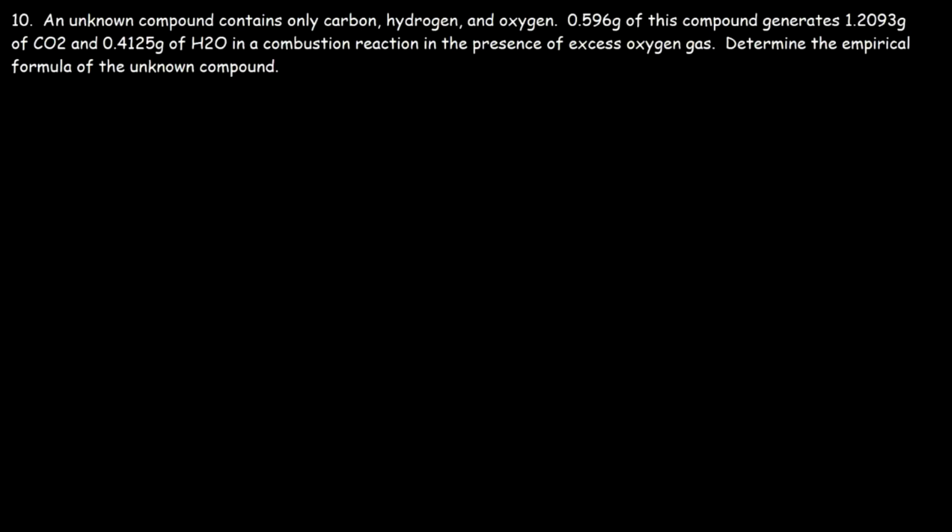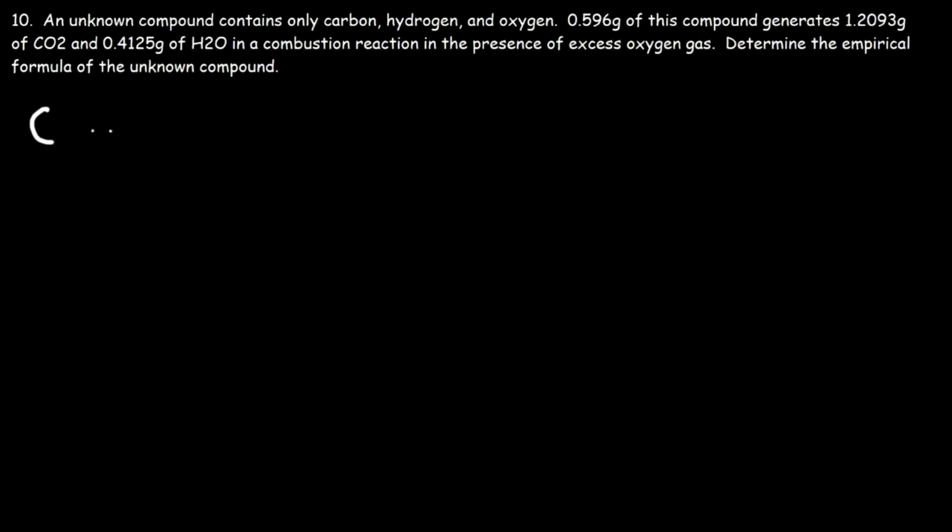Now this problem is a little bit more difficult than the other ones. So how can we do this? If we could find the grams of carbon and hydrogen and oxygen in the original compound, then we can calculate the moles, and with that, we can determine the empirical formula. So let's focus on calculating the number of grams of each element in this compound.